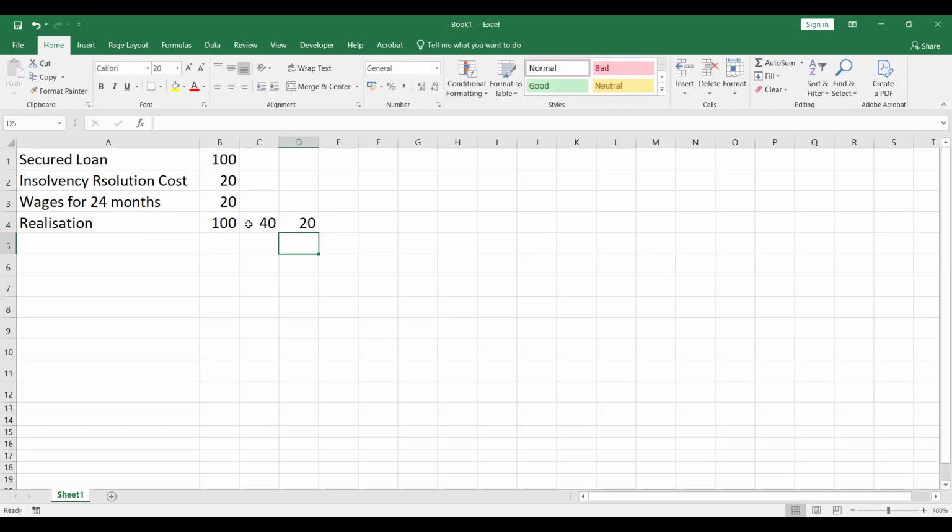So now you have to calculate how much is available for the secured creditor. In the first situation, please calculate how much is available to the secured creditor. Can you do the calculation? These are the figures.